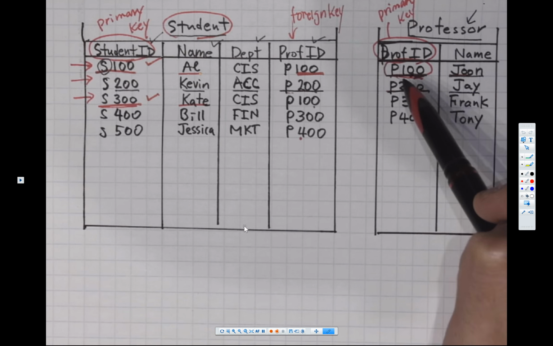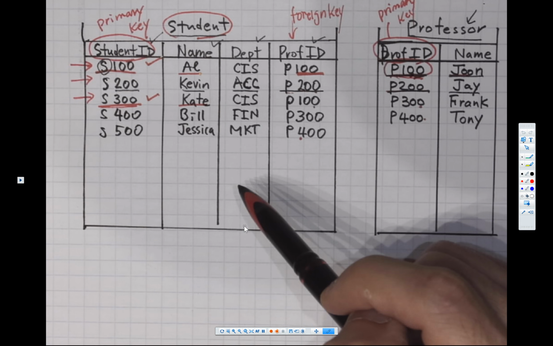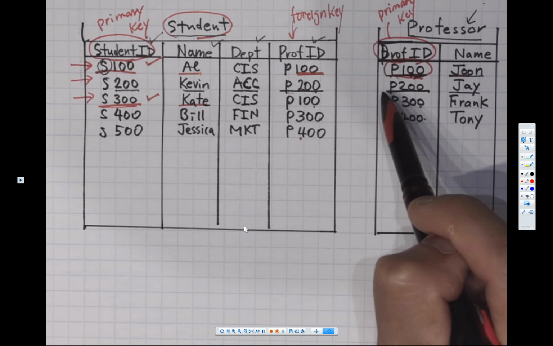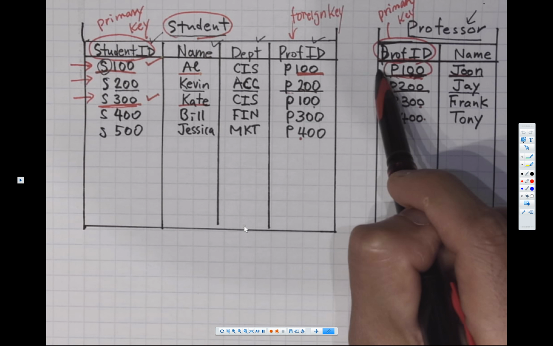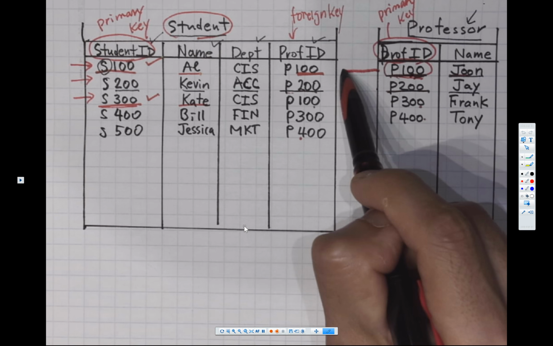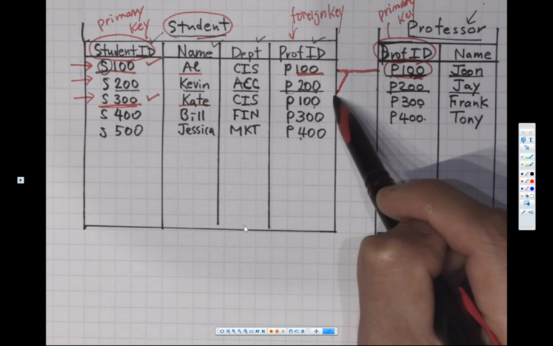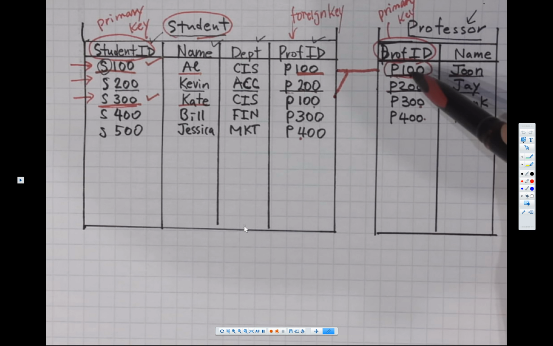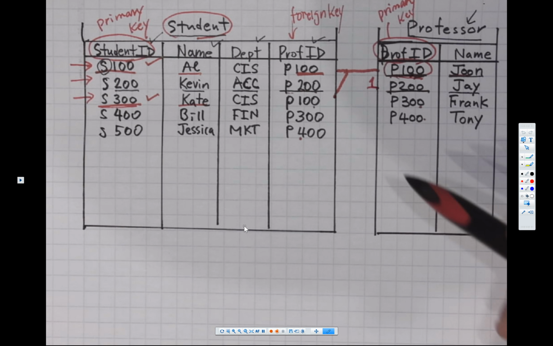So this is a one-to-many relationship. The symbol for that is, for 100 and also 300, this is like a one, and by looking at this, we can say this is one to many.